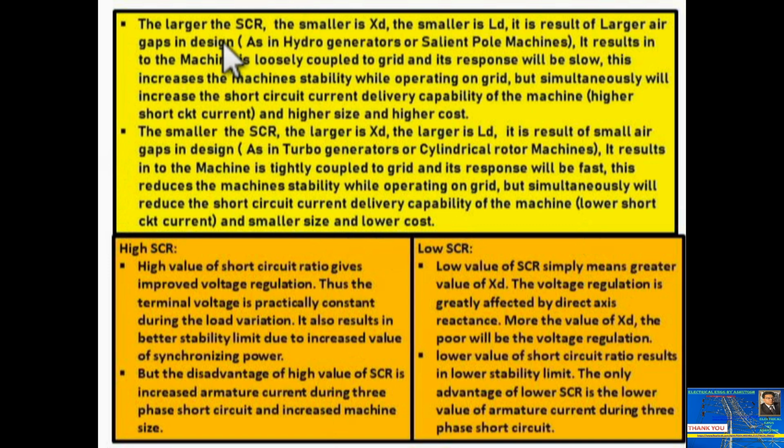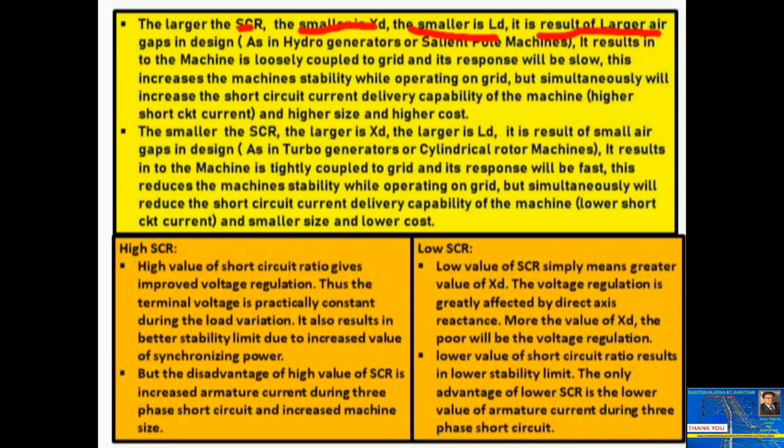If SCR is larger, then the value of XD will be smaller, and the inductance will also be smaller. Smaller LD is the result of a large air gap. Because there is a large air gap, there will be more reluctance.